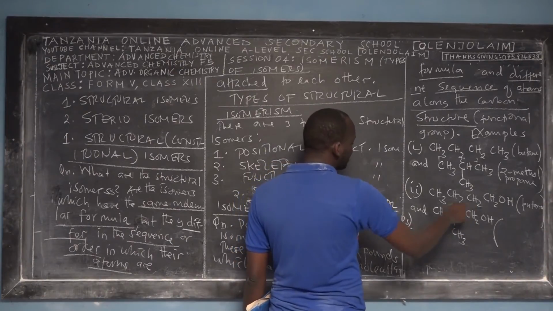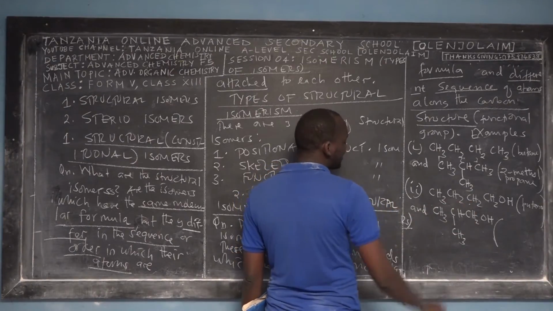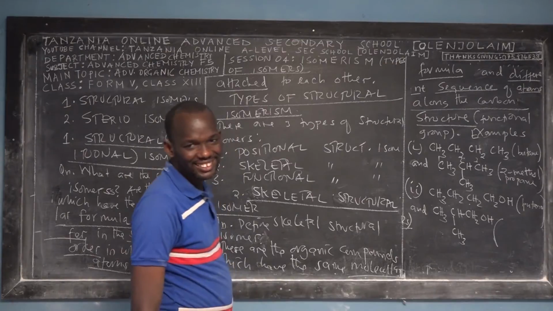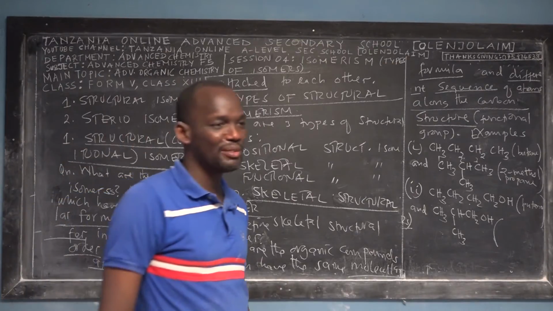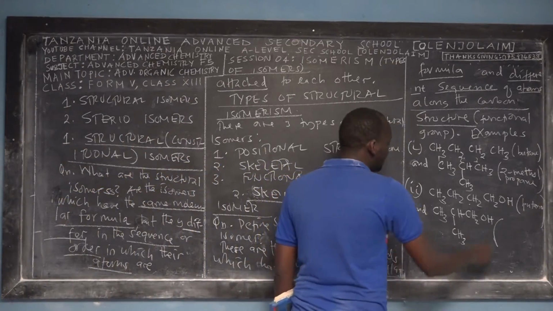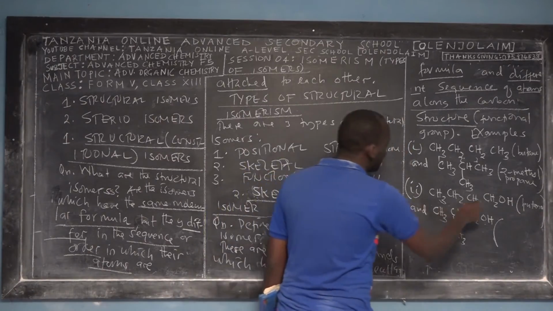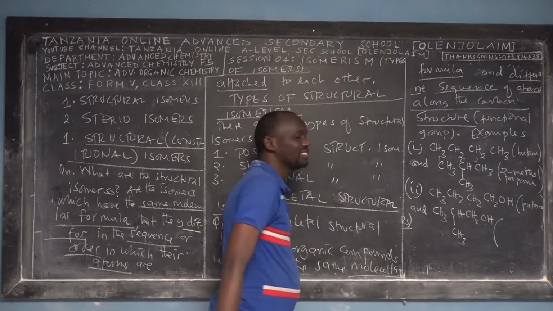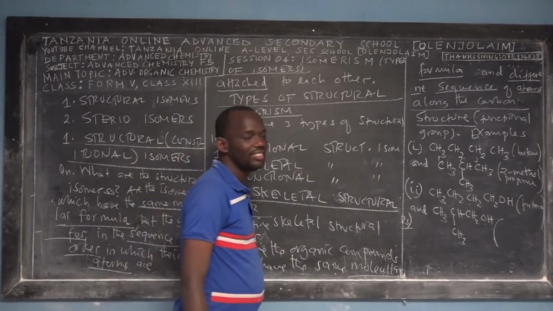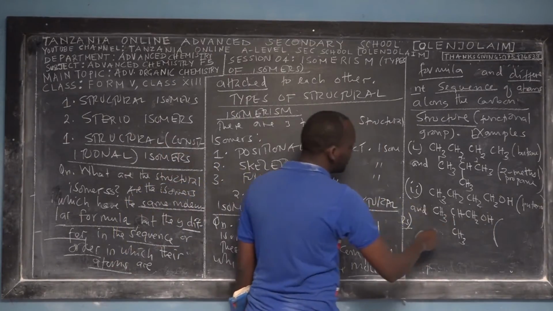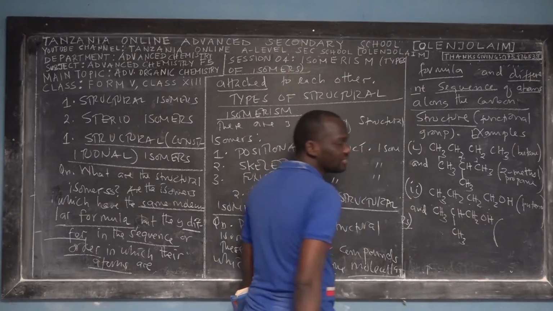Should we number from this side, or should we number from this side? Hey! You're naming organic compounds. This is the functional group of alcohol. Should we start from this side to this side, or this side to this side?